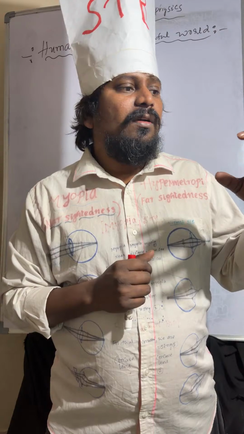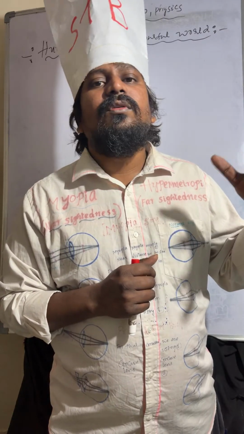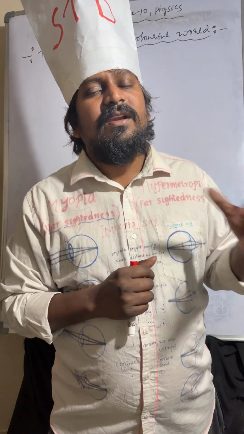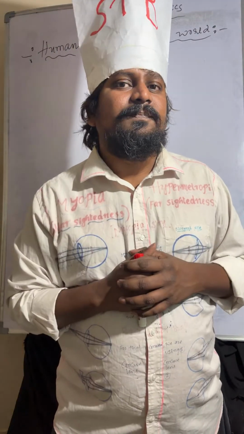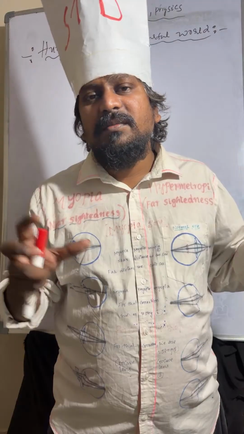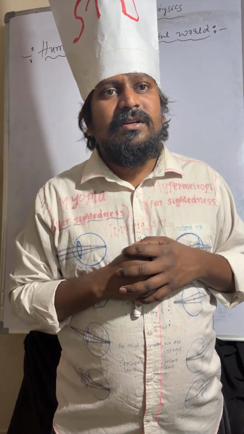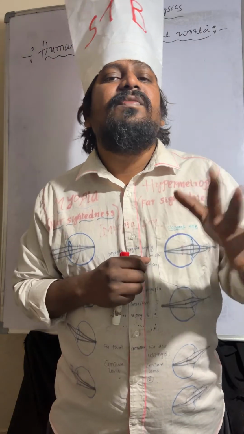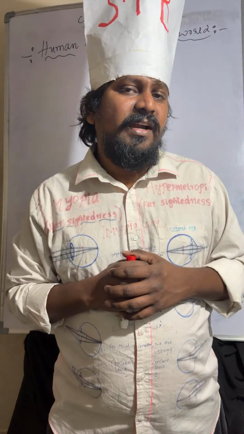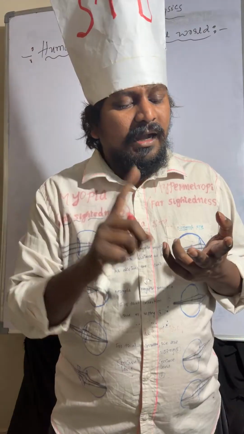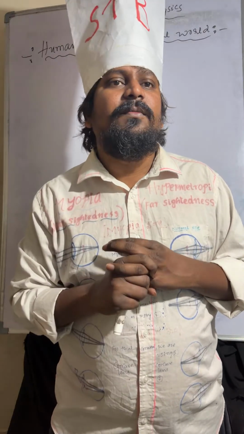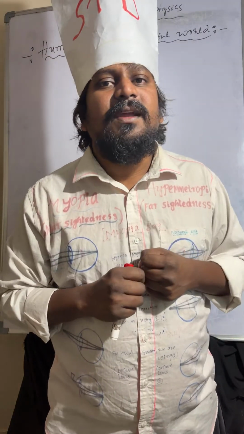Due to lack of proper refraction, light rays will not meet at the retina. Understood? So those are three refractive defects: myopia, hypermetropia, presbyopia.